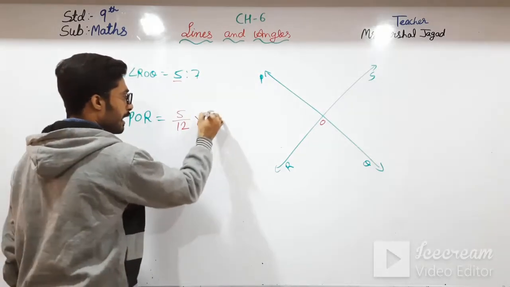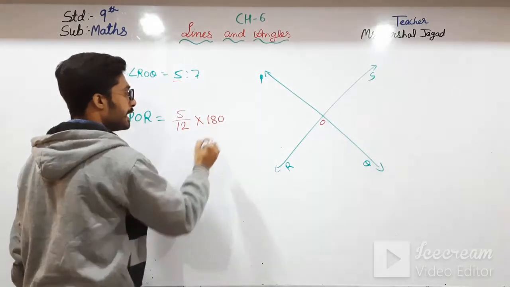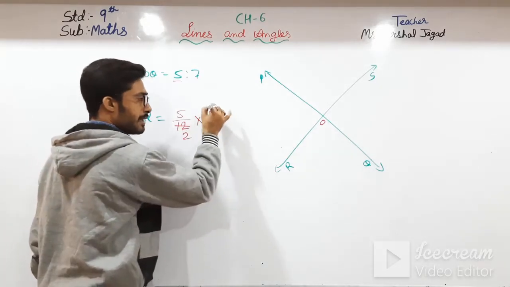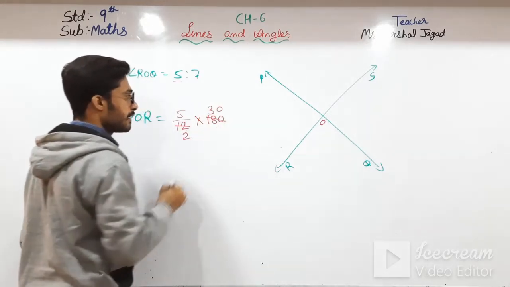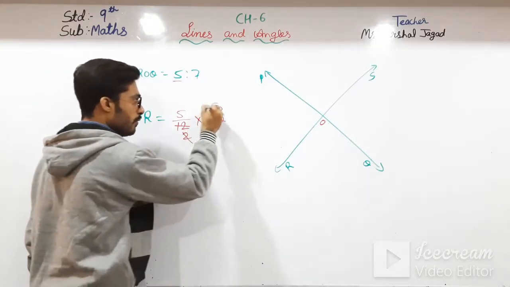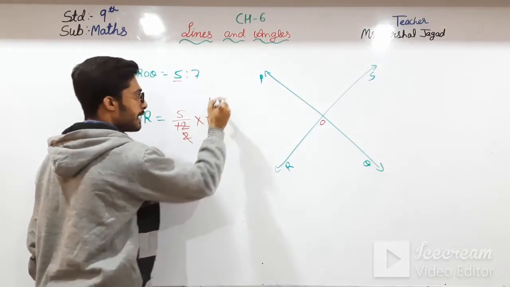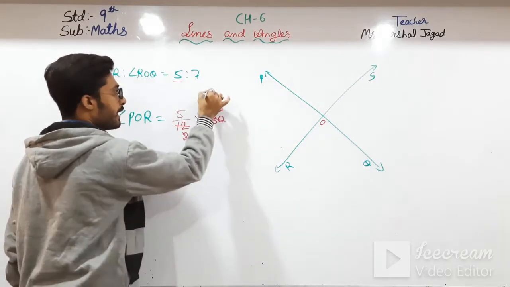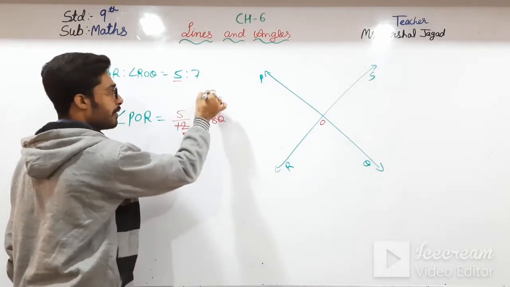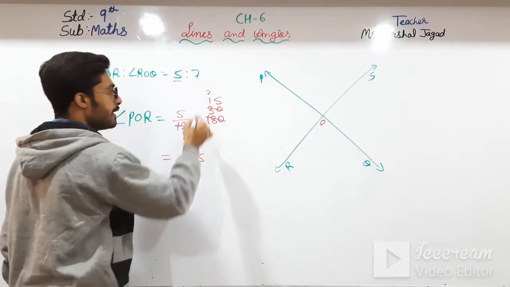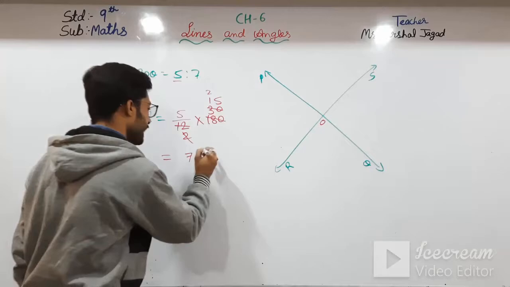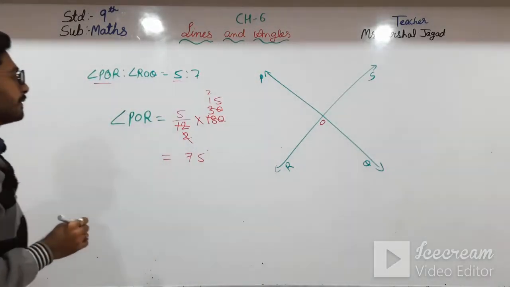Then if I multiply this with 180, 6 2s are 12, 6 3s are 18, 0. 2 1s are 2, 2 5s are 10. Then 5 5s are 25, 5 plus 2, that is 75 degree.